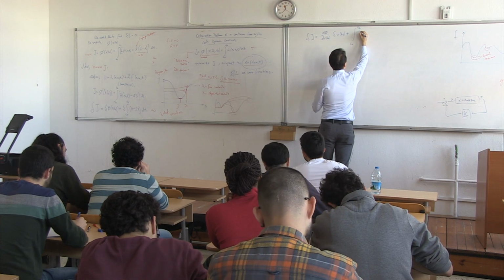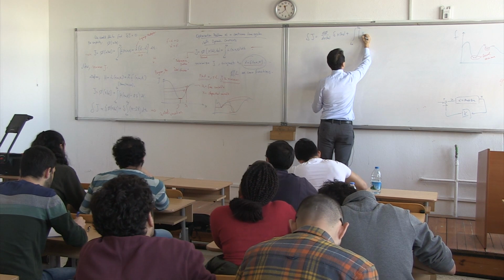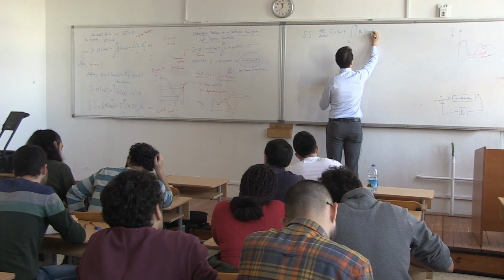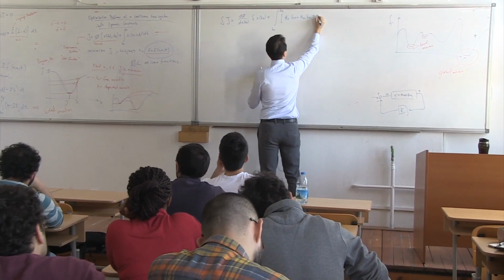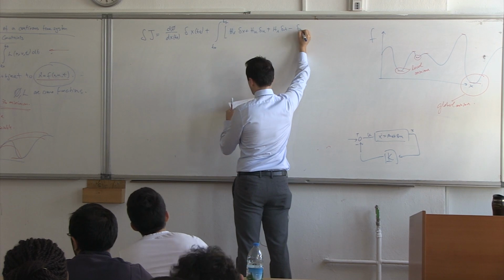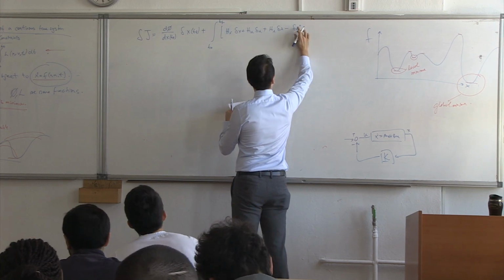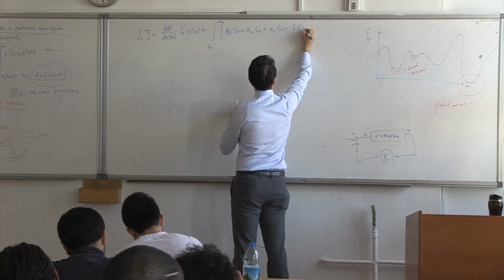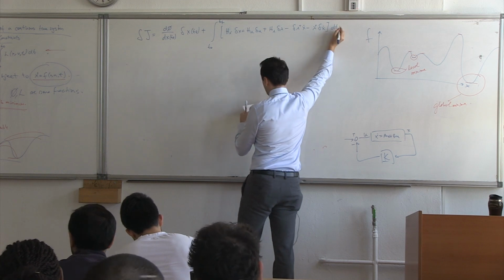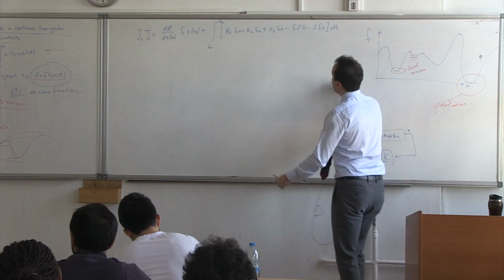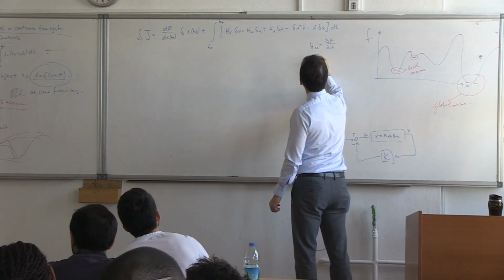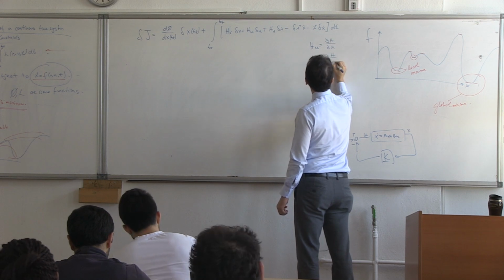t0 tf x del x u del lambda here. Hu is equal to del h del u, and h lambda is equal to del h del lambda.